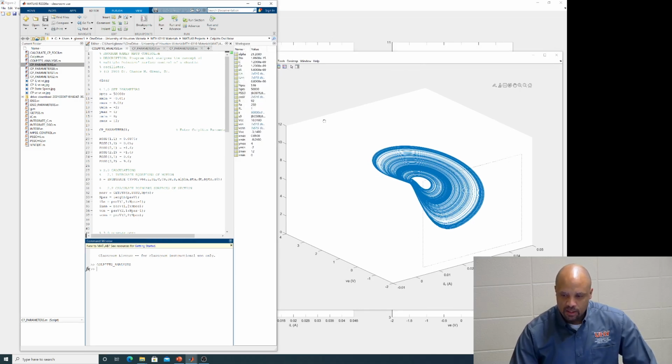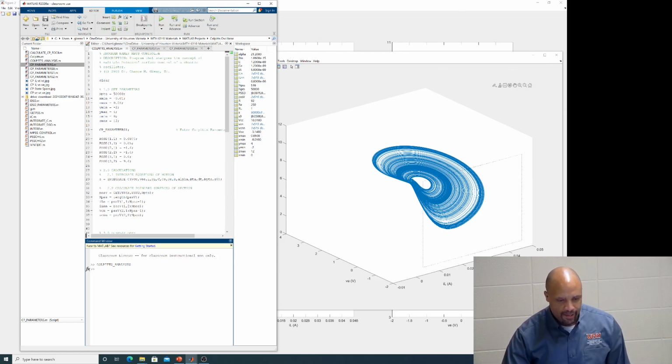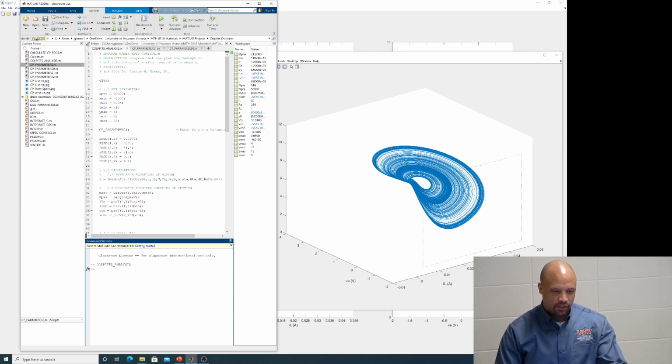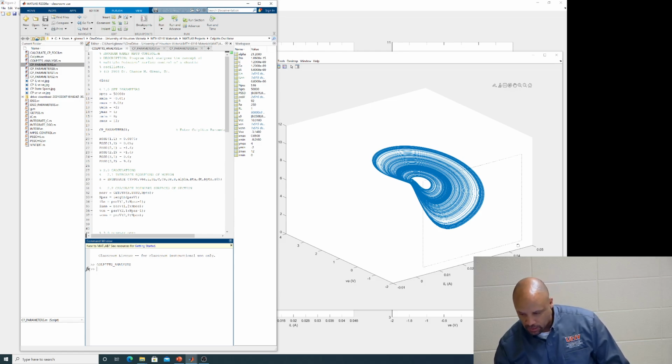So if you can see that, remember X, the first item, is I sub L, which we call X. That's over here from 0.0075 to 0.05. So it runs along here, along that direction.